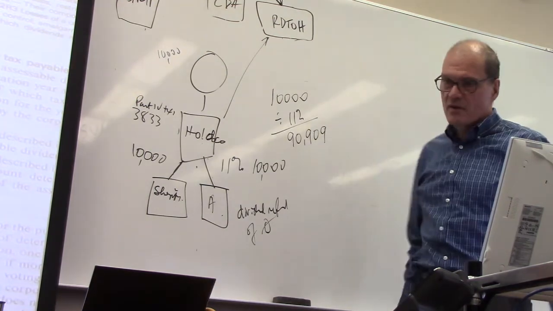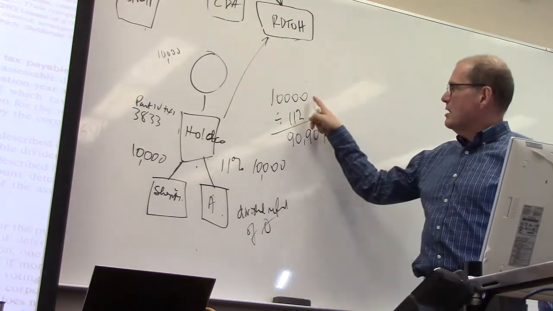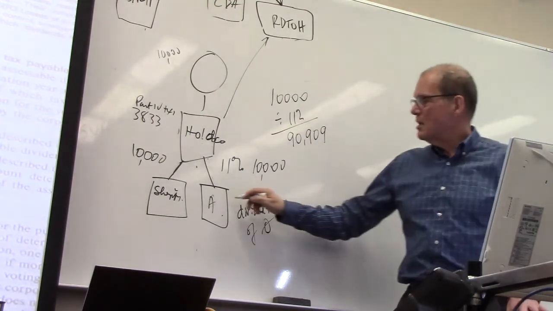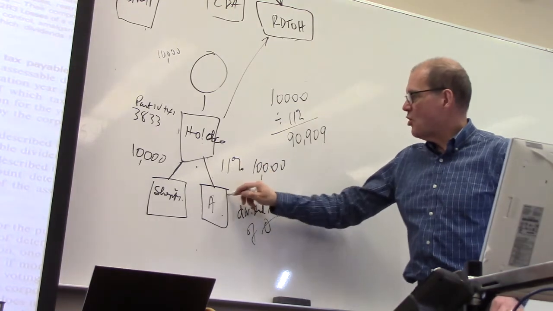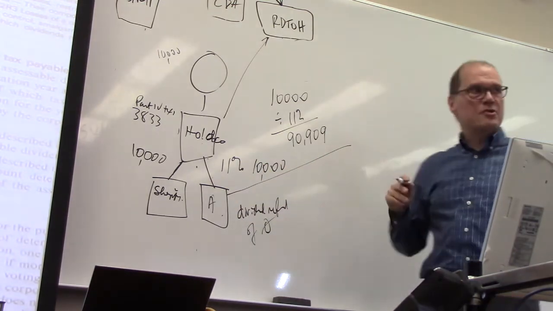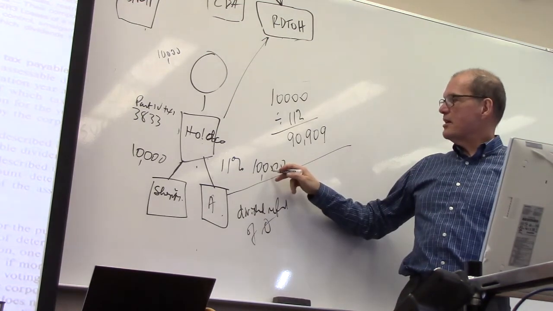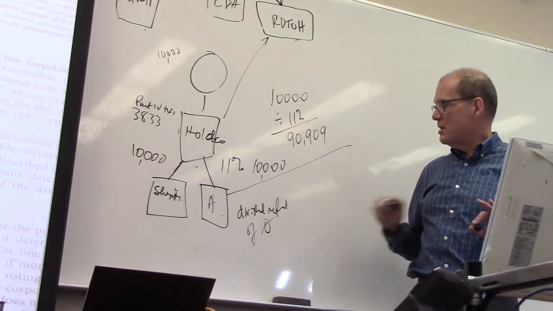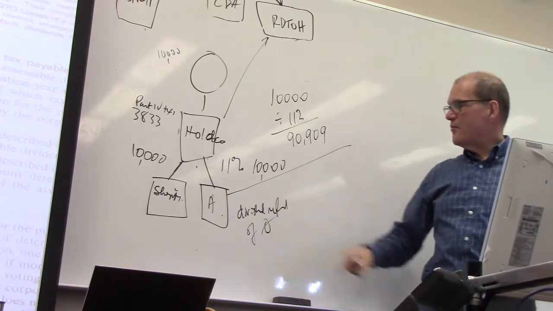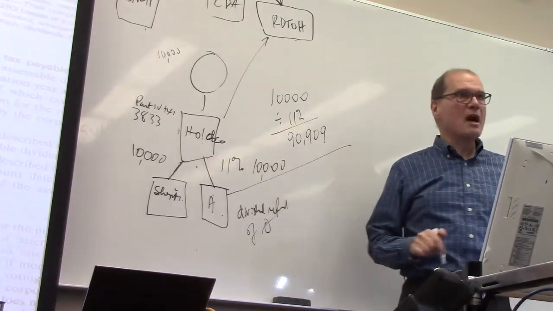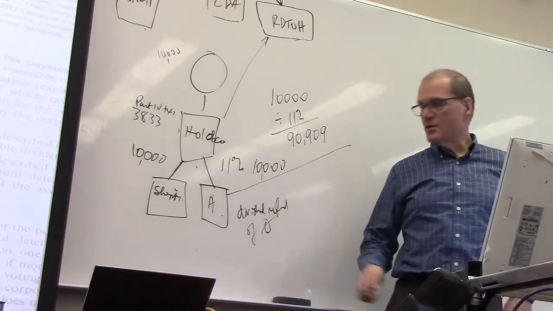I think I've got that right. $10,000 divided by 11% is a total dividend paid to not just Holdco, but other corporations or other shareholders. Our share is 11%, which is $10,000. And A got a dividend refund of 0. How much Part 4 tax does Holdco have to pay on this $10,000 dividend?